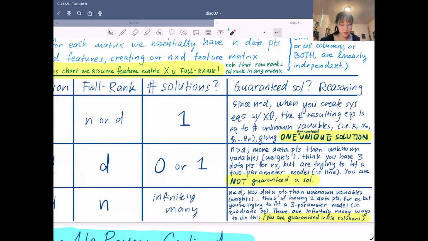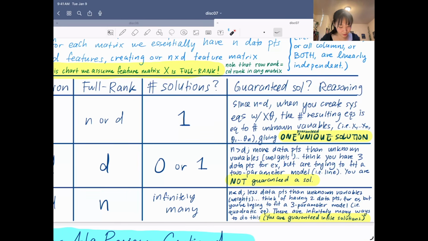A 3-parameter model might be a quadratic equation like ax squared plus bx plus c, where a, b, and c are your weights. If you only have 2 points and you're trying to fit a quadratic, like a parabola, you can fit so many parabolas through just 2 points.